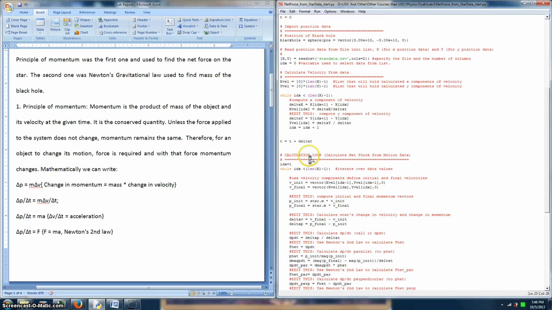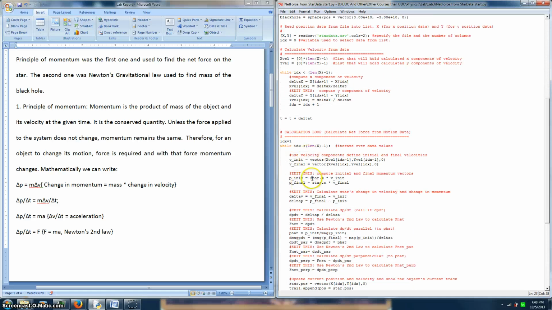Those velocities are used to calculate initial and final velocities, which are used to calculate initial and final momentum. Those initial and final momenta are used to calculate the difference in momentum, that is delta p, and delta p when divided by delta t will give us the net force.